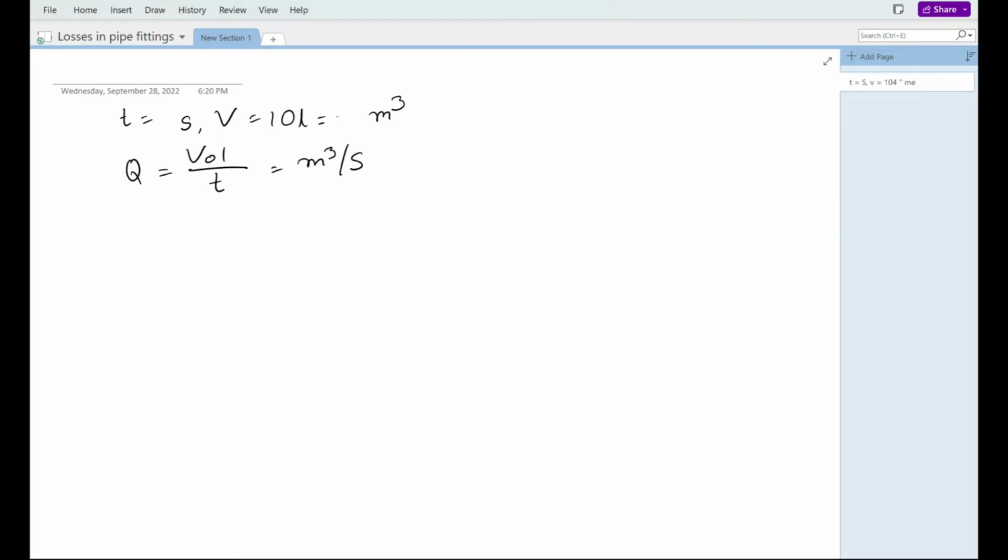Now we need to know the velocity of water. So we have to use this formula: Q equals V times the cross-section area. From there you can calculate the velocity of the smaller pipe, right? Vs equals Q by A. Now you need to know the velocity of the larger pipe, right?